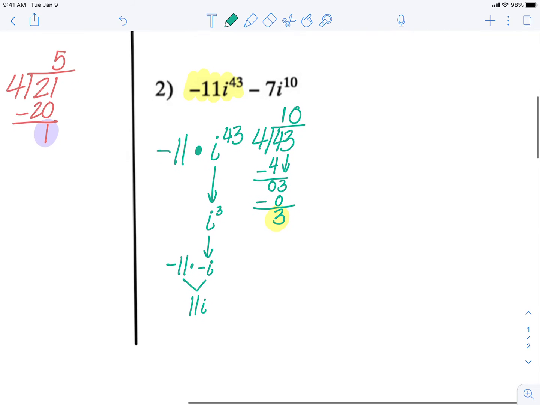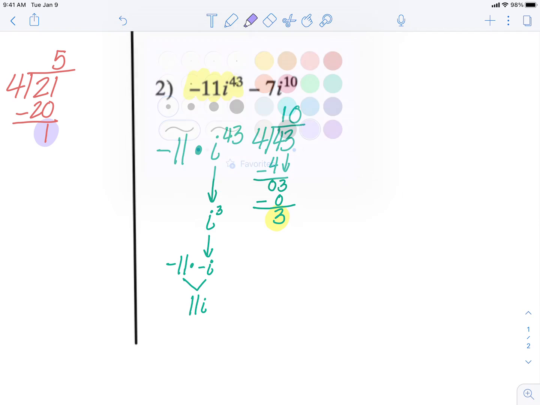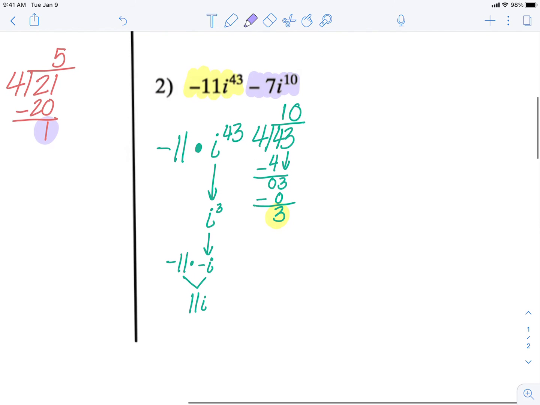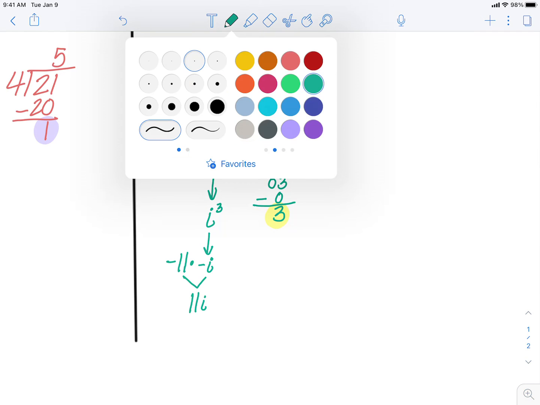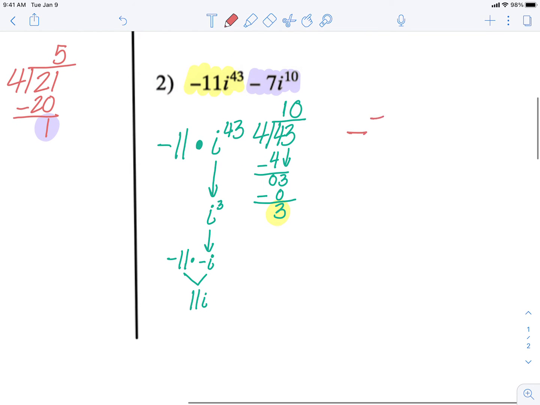Now we're going to do the second part, which is negative 7I to the power of 10. So when we do it over here on this side, negative 7 times I to the power of 10.